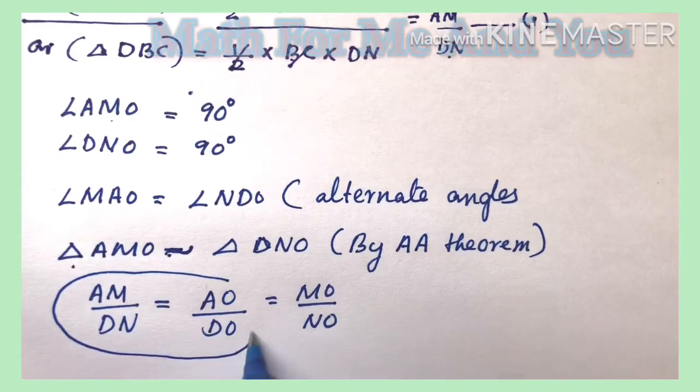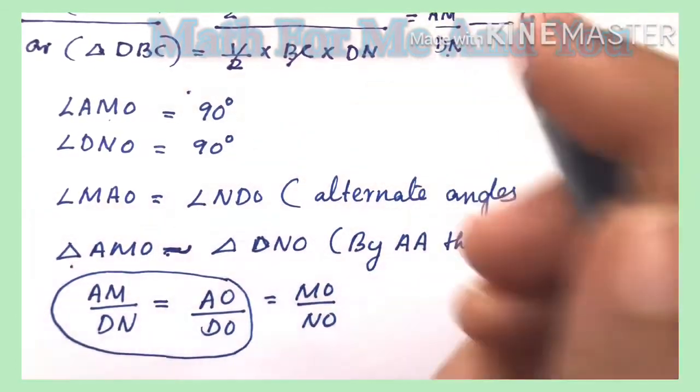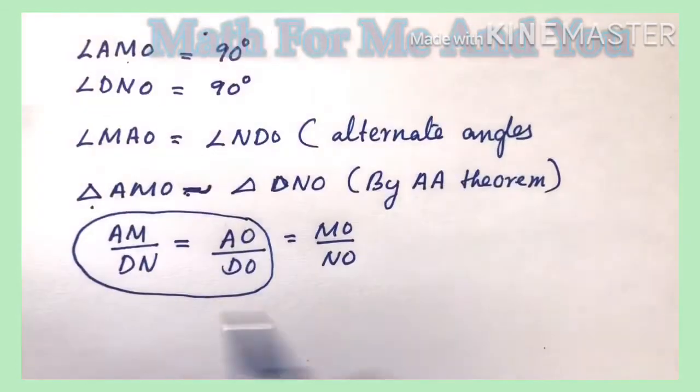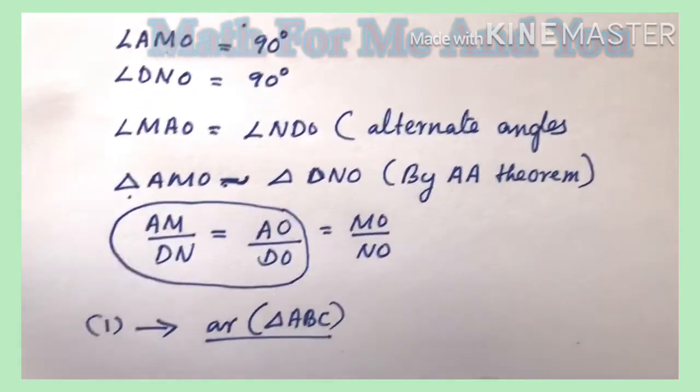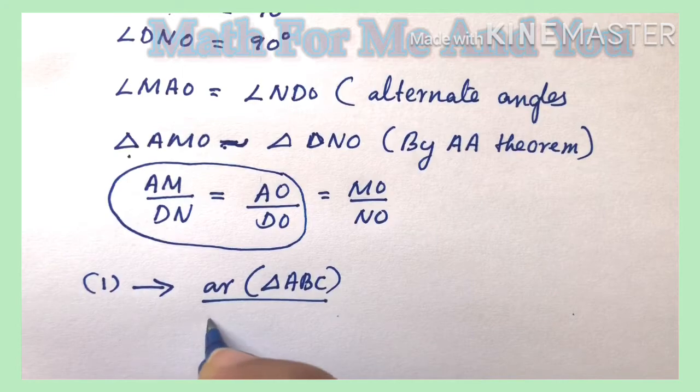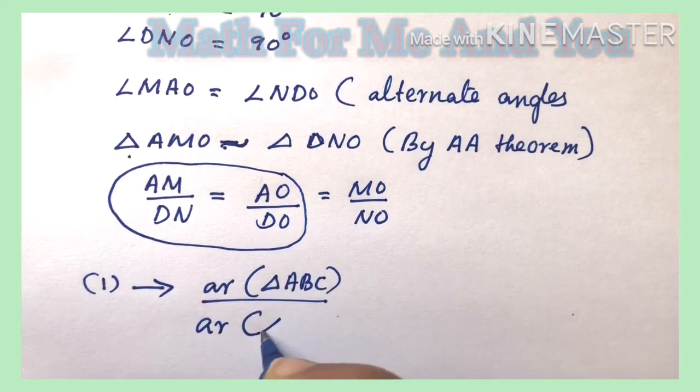It is AO by DO. We can substitute this value in equation number 1. Then we get the ratio of the given two triangles. So we can write area of triangle ABC by area of triangle DBC.